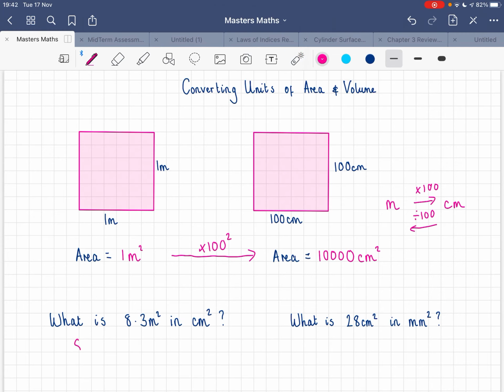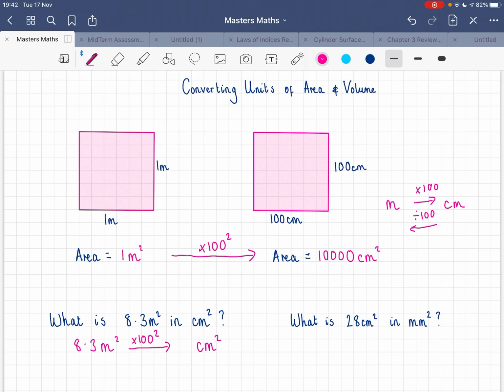We're changing 8.3 meters squared into centimeters squared. Usually, if it was just meters and centimeters, we would multiply that by 100. But because we're talking about units squared, we have to multiply it by 100 squared.